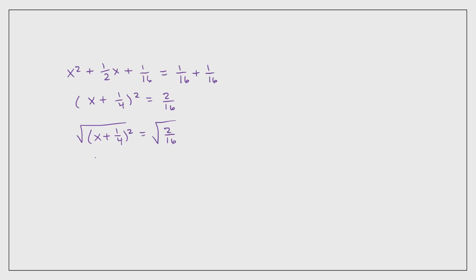Then we can take the square root of both sides. The square root on the left-hand side cancels the square. The right side simplified is going to be plus or minus the square root of 2 over 4. To get x by itself, I'm going to subtract 1/4 to the right-hand side.